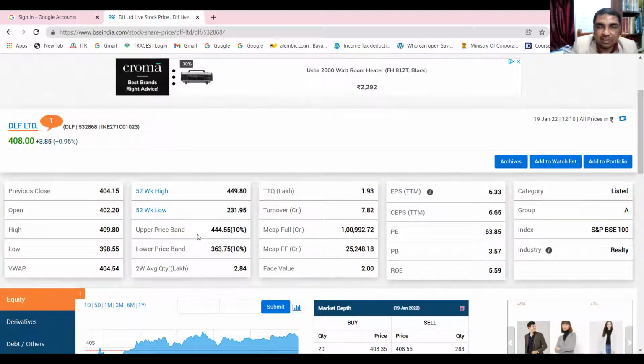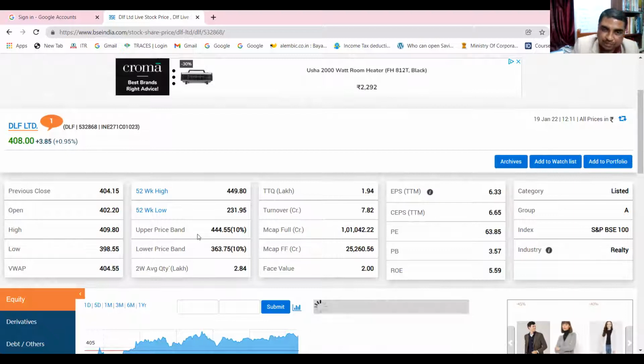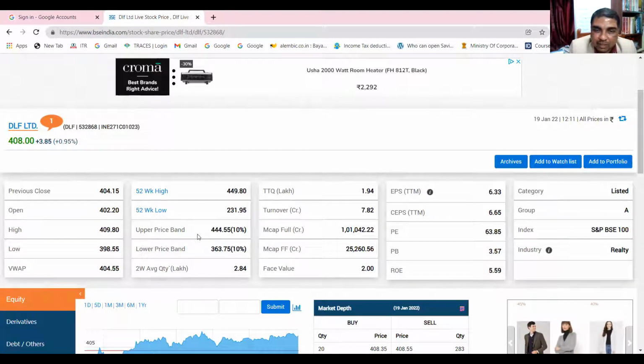TTQ is total turnover quantity, turnover, market capitalization. This is the relevant data for me because that will show the value of the entire share, so equity value. Then market capitalization FF. FF, can you tell me what is that? Anybody has idea? Free float market capitalization. Some of the equity shares may not be freely available in the market.